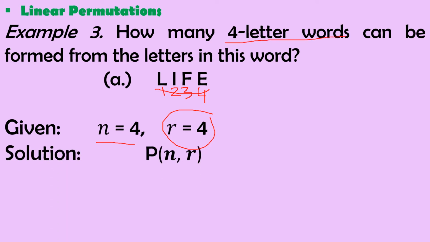Next is to use the formula of permutation, which is permutation of n and r. Next is to substitute the value of n to 4 and also the value of r is equal to 4. Now, I want you to compute for the final answer.